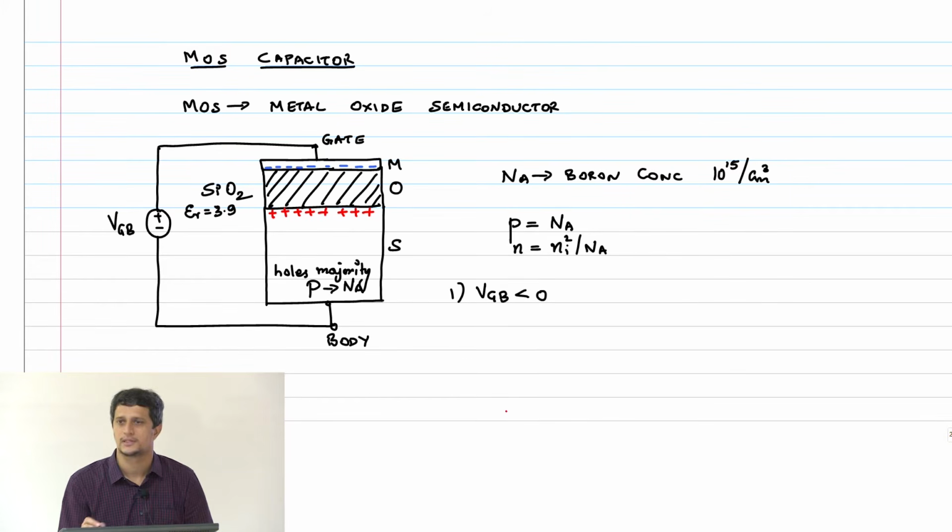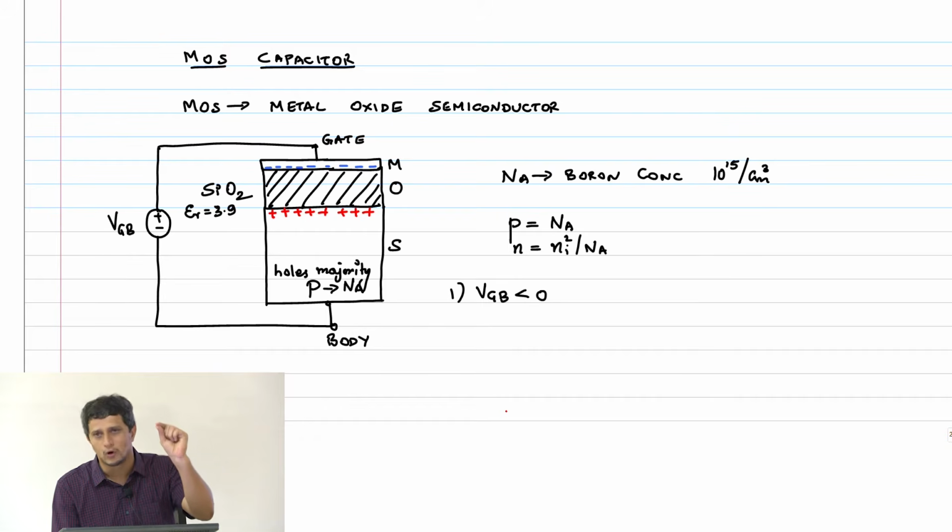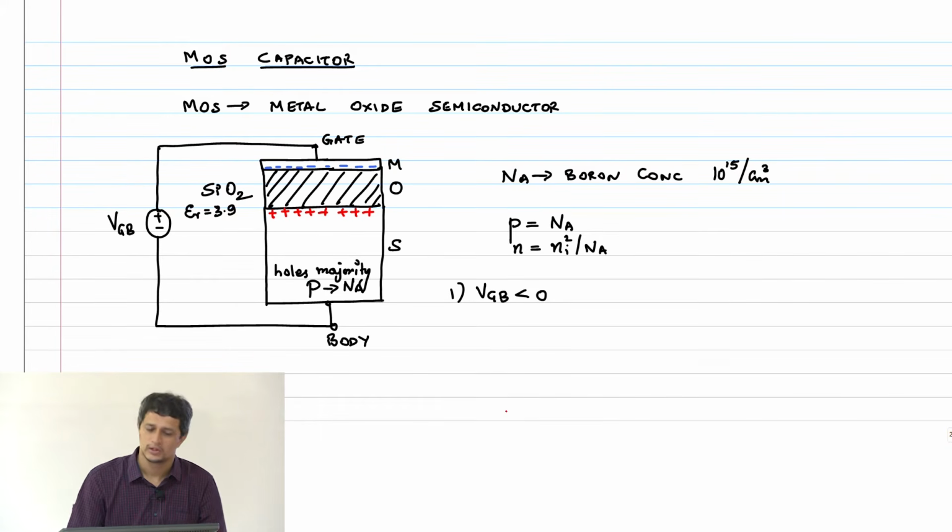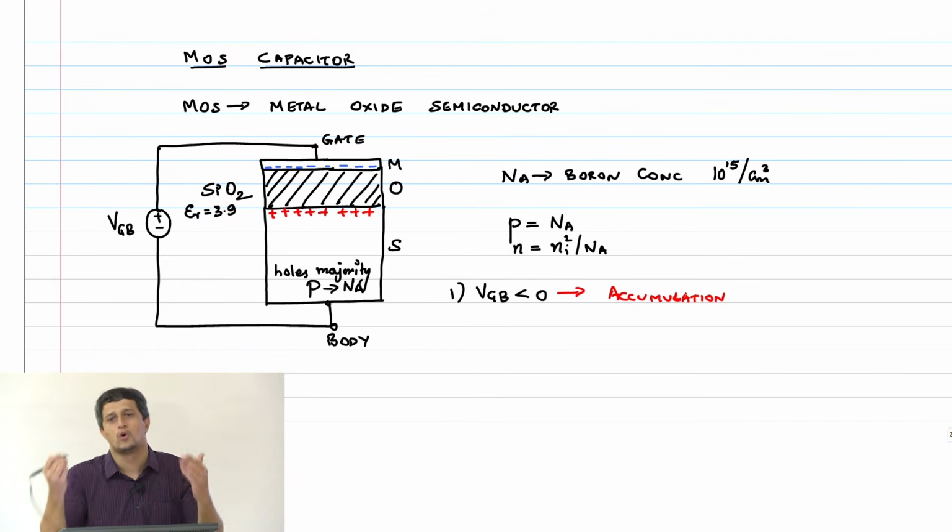If you look at this surface, the surface concentration of holes will be greater than the concentration of holes deep in the bulk or the body. Okay, this silicon substrate is also called a body or a bulk terminal. So this is not very useful, and this region of operation is called accumulation. You're just accumulating more holes there and you can't do much with that.